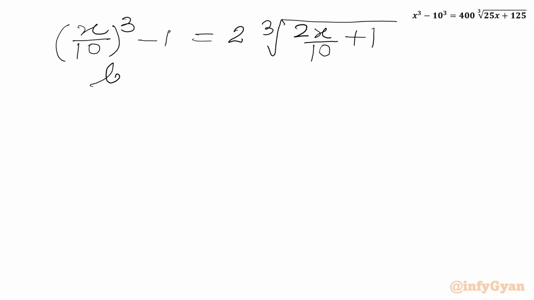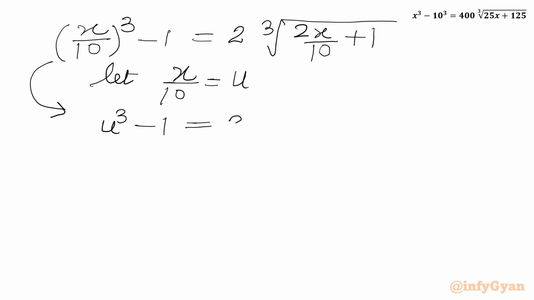Now we will use substitution. Let us say x over 10 equal to u. So our equation will become u cube minus 1 equal to 2 times cube root of 2u plus 1.